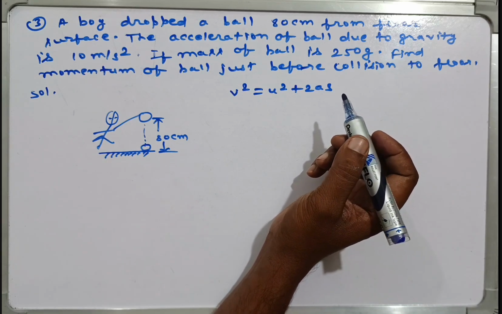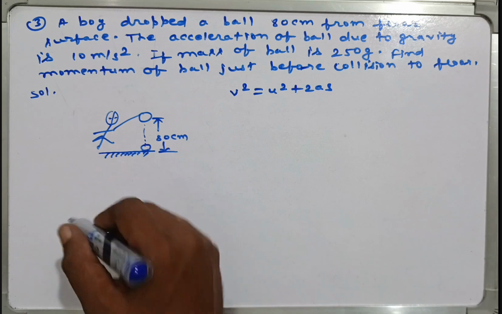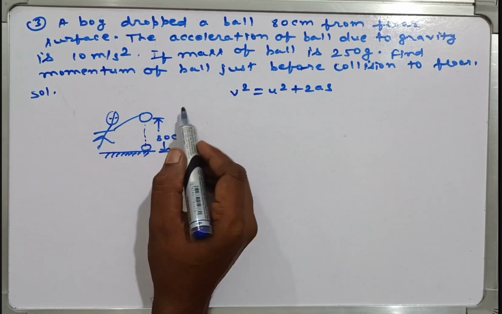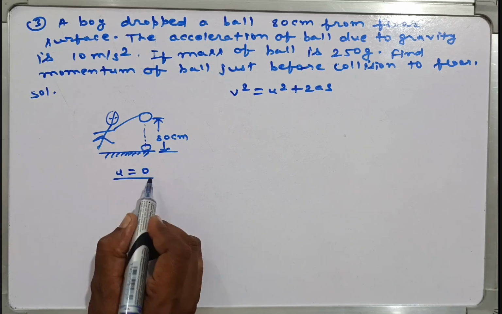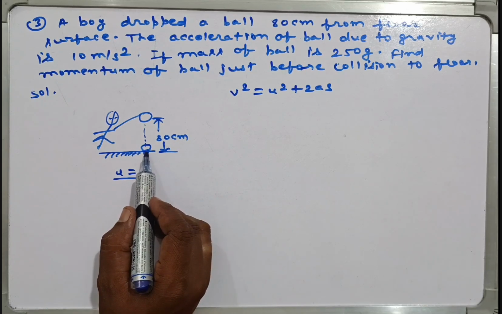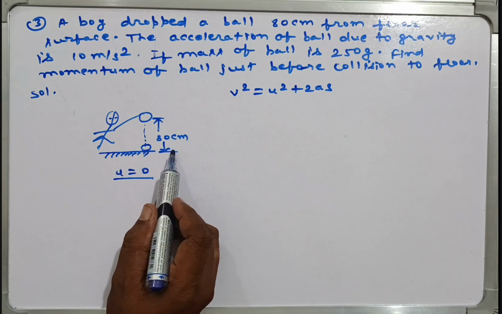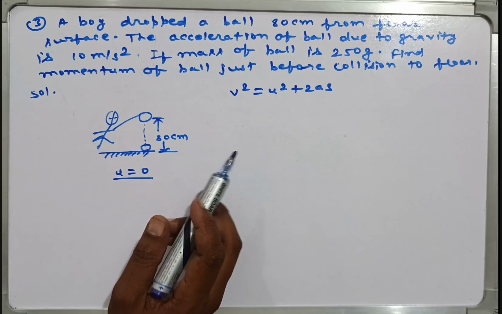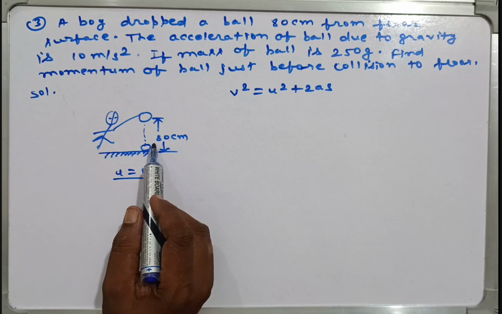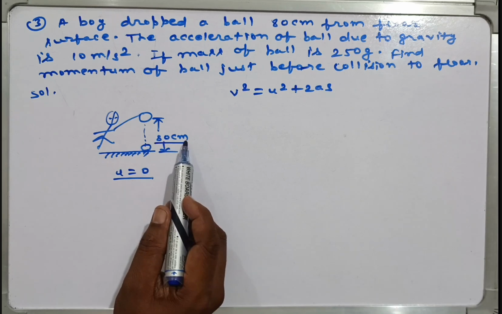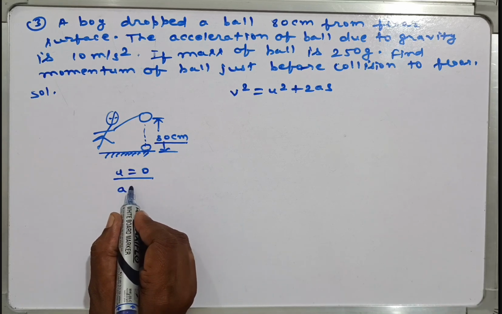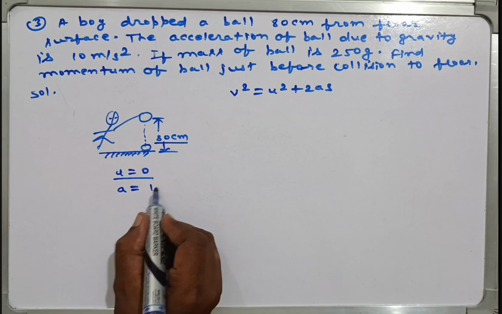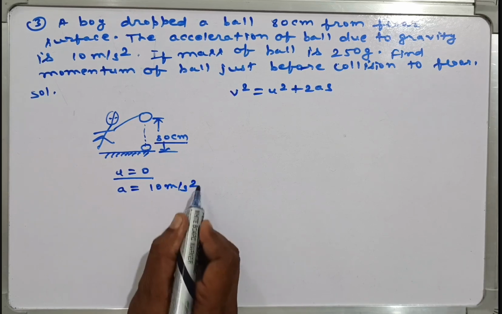What you know in this question is that u is the initial velocity, which is 0, and v is the final velocity we need to calculate after traveling 80 centimeter distance, where a is given as 10 meter per second square.